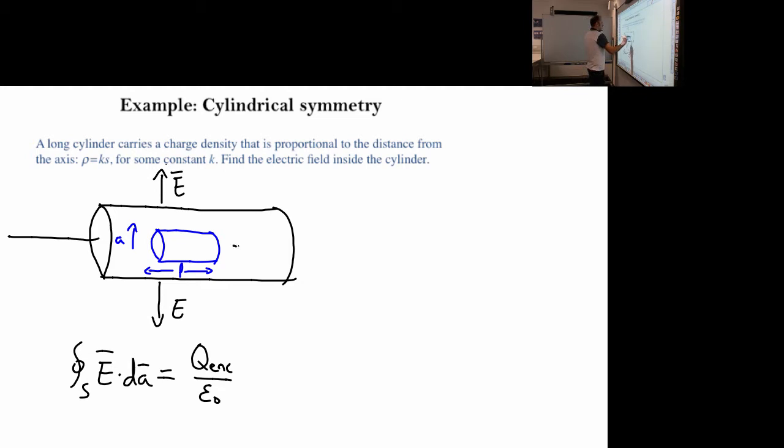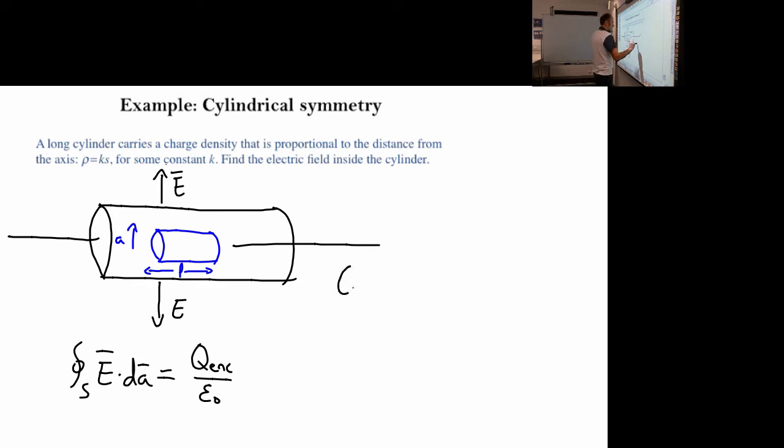So what is the total charge contained within our Gaussian surface? Well, the total charge is given by the volume integral of our charge density.